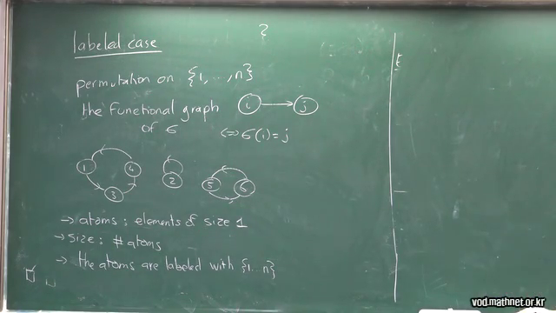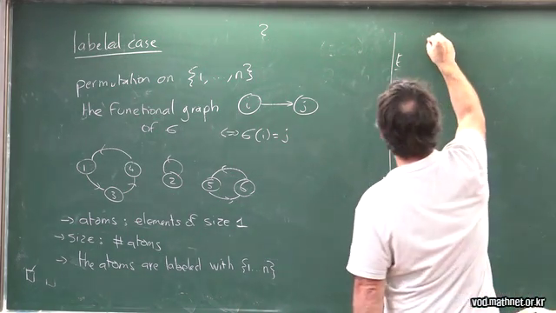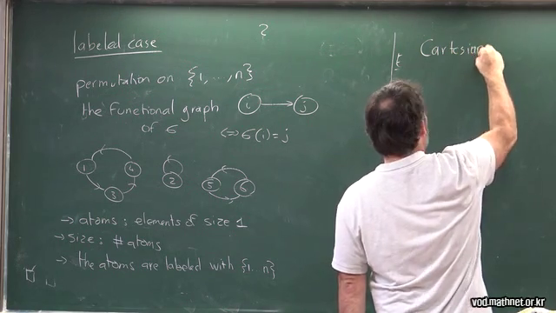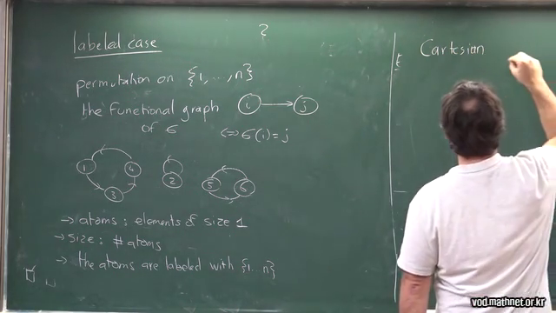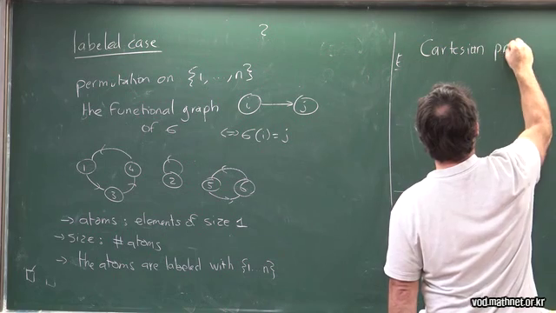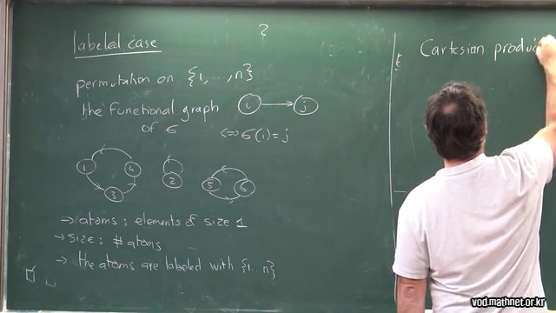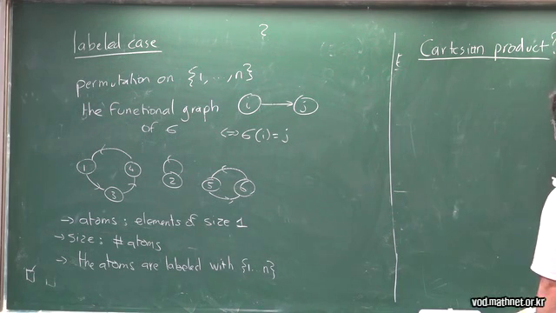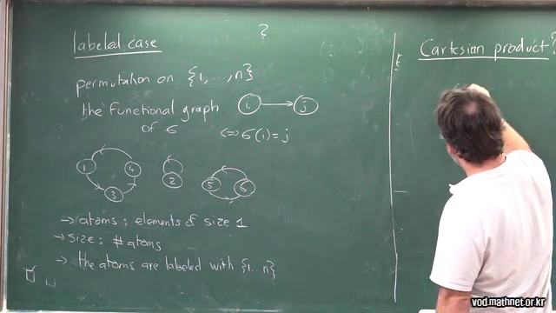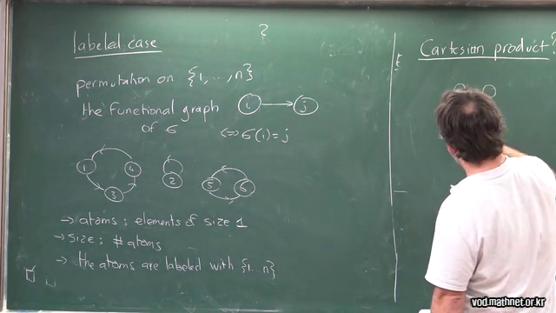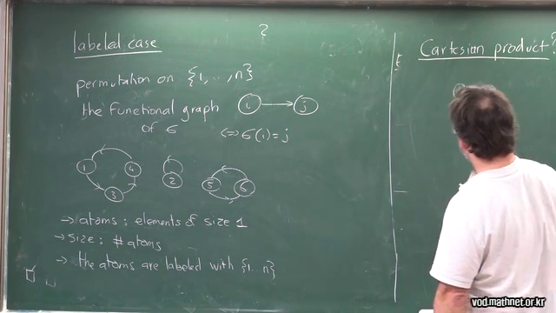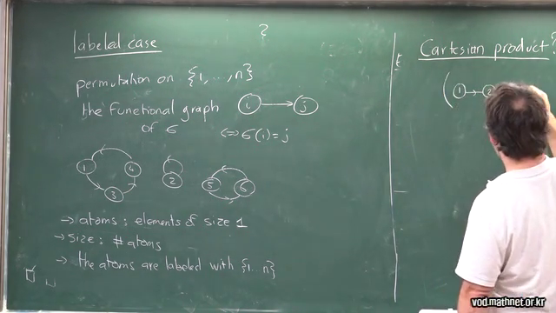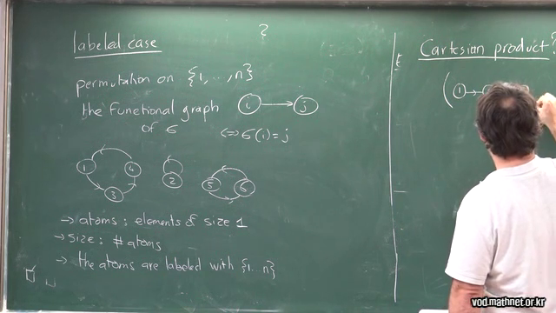So if you do that, the problem is that the disjoint union is okay, no problem, but for the Cartesian product, there is a problem. I don't know if you see it. Let's say I have a sequence and I do the pair of the sequence with, I don't know, a cycle.